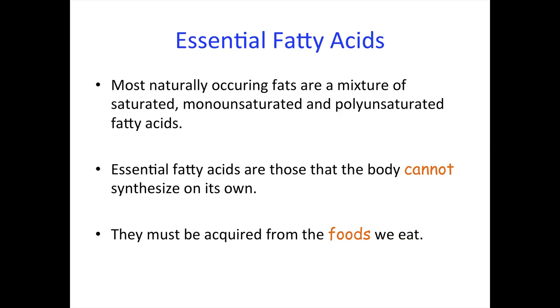Right, so essential fatty acids. Once you see the word essential in biochemistry and in nutrition, it basically means that the human body cannot synthesize it on its own. Alright? So most naturally occurring fats are a mixture of saturated, monounsaturated, and polyunsaturated fatty acids.